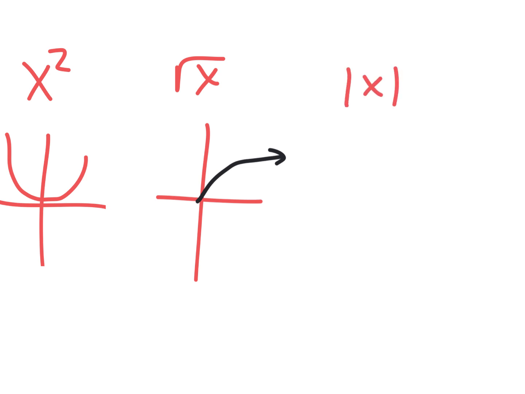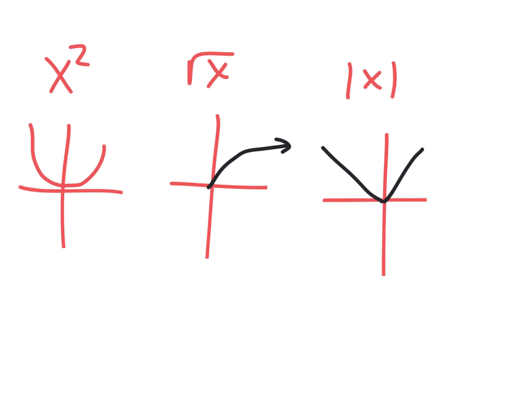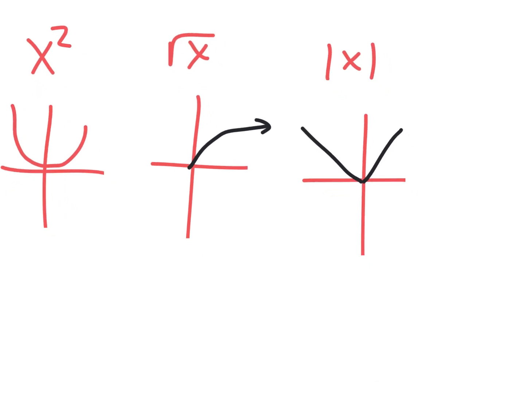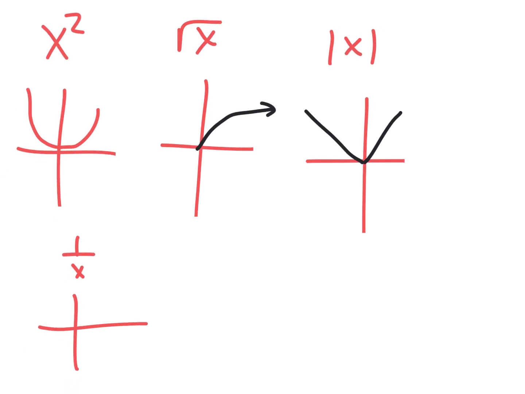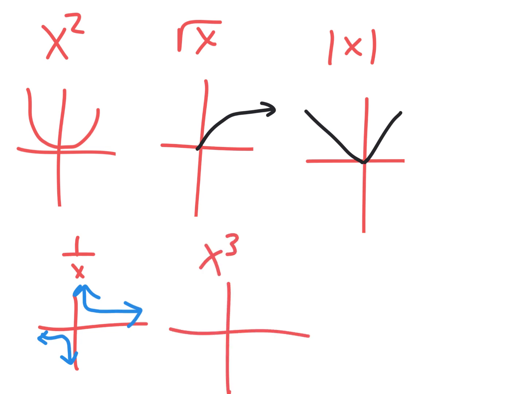Absolute value of x, does anybody remember what that one is? V, very good. 1 over x, that's the weird one I just taught you, with the asymptotes. X to the third. Again, you had this, but it's been a while.